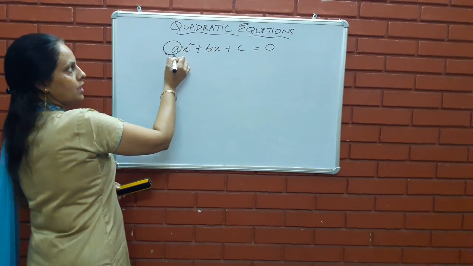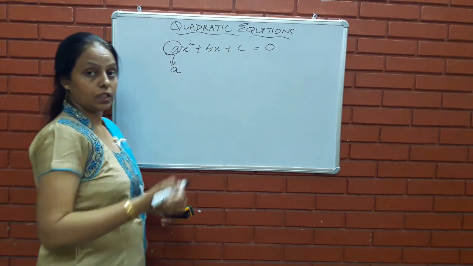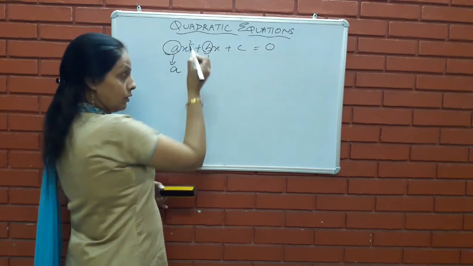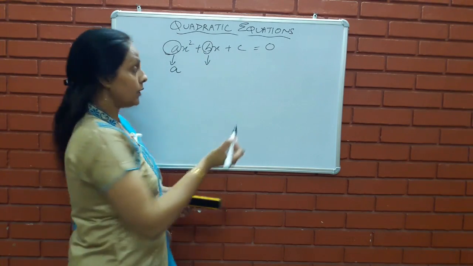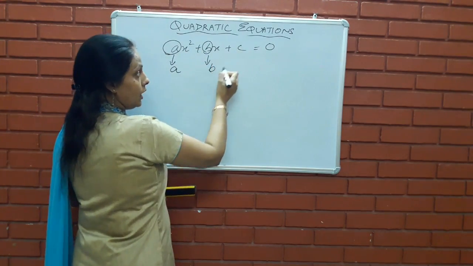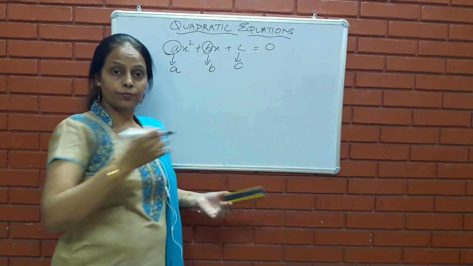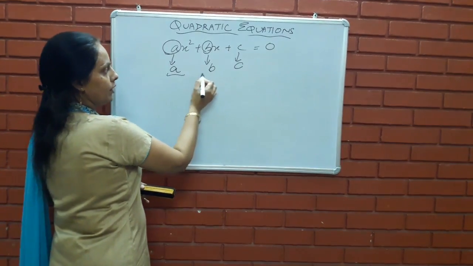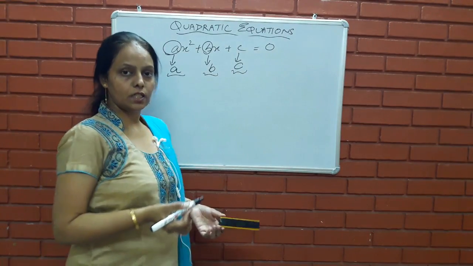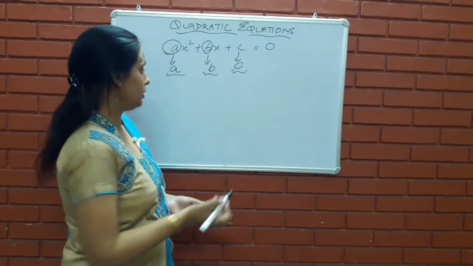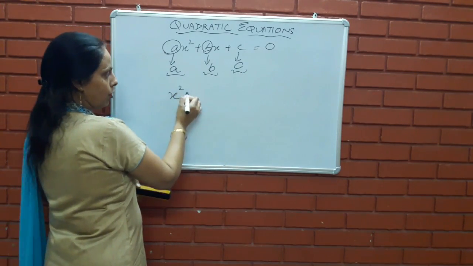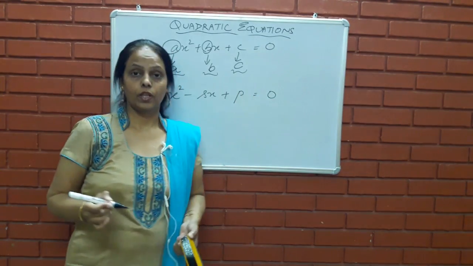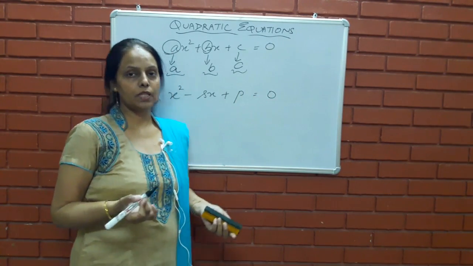Now the coefficient of the term x square, the highest degree, is known as a, and the coefficient of x is known as b, and for the constant value we will take c. So we have these as the coefficients of the variable. And the standard form of this is x square minus sx plus p.